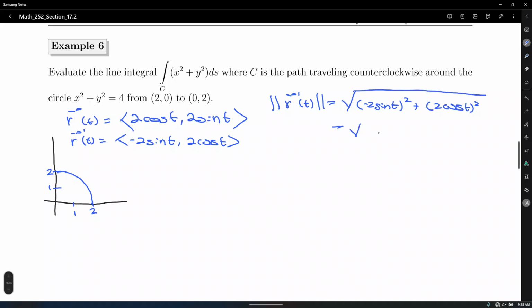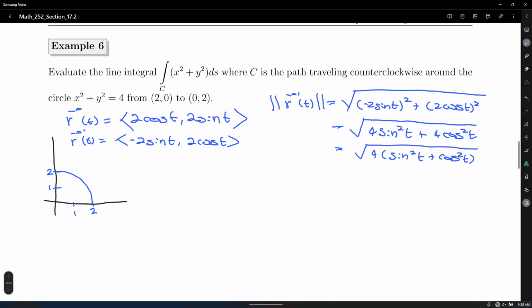That's 4 sine squared t plus 4 cosine squared t, and we'll factor out 4. You know this identity, sine squared plus cosine squared equals 1. 1 times 4 equals 4. The square root of 4 equals 2.